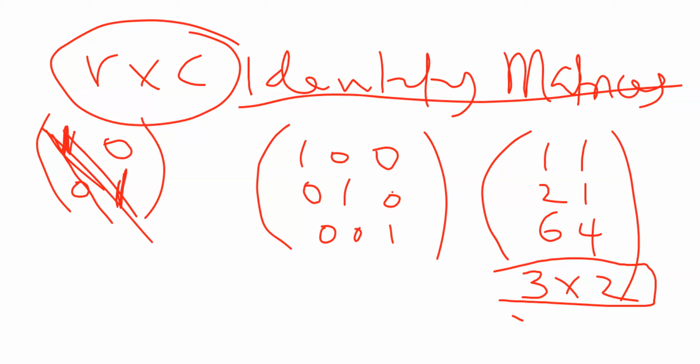That is a summary of that: what is row, what is column, what is identity matrix, what is 2 by 2, 3 by 3, and so on. Is it clear now? So the topic now is addition and subtraction of matrices. That's the subtopic.